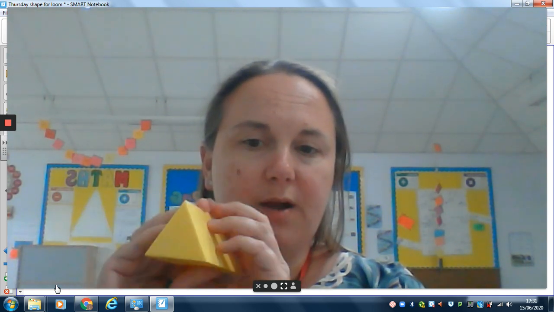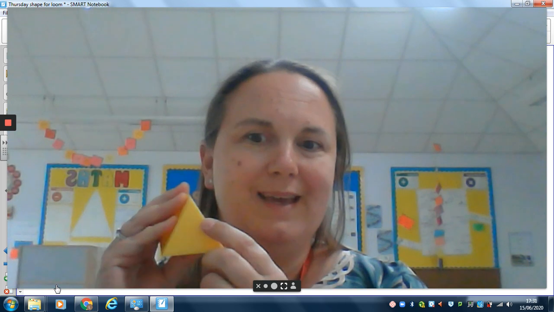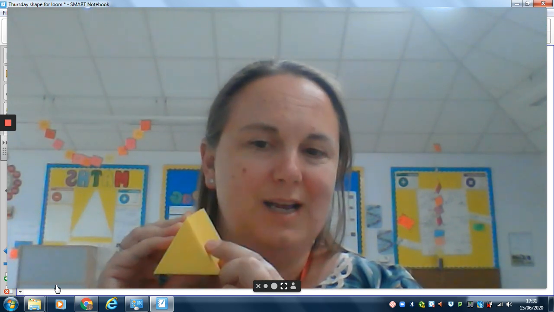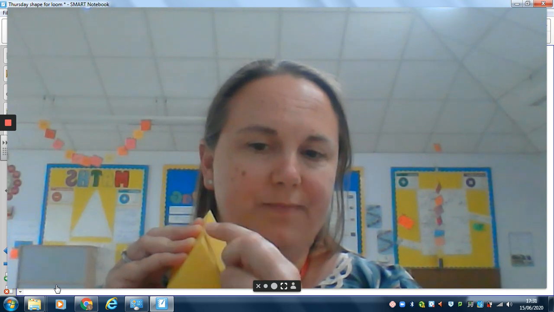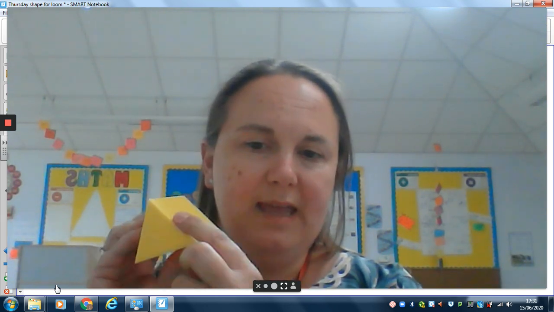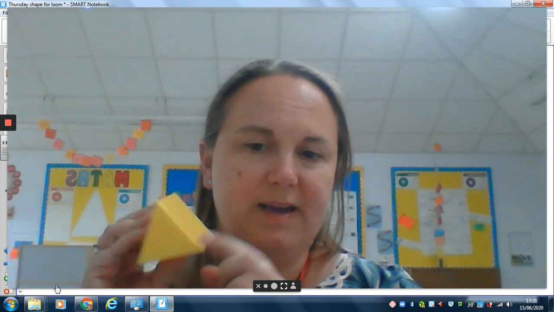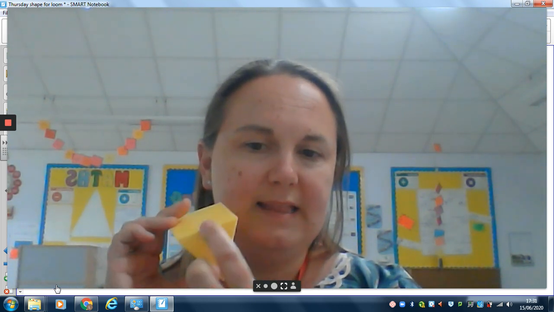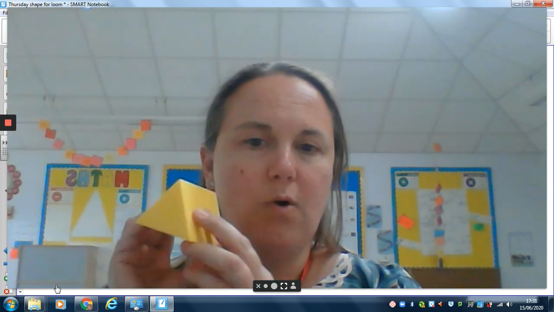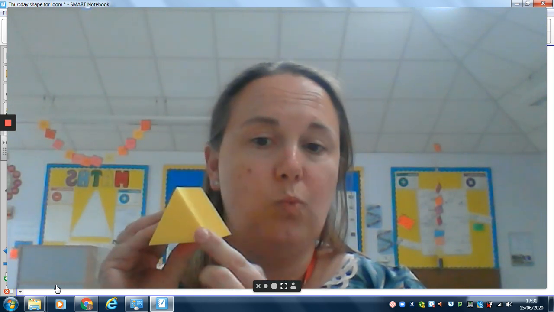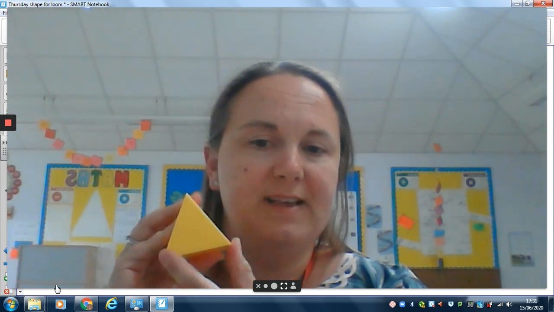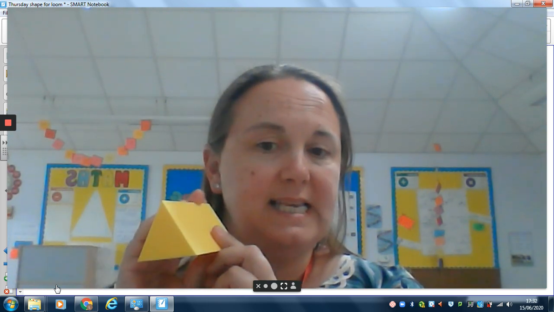If I turn it around, here these 3 edges meet at this vertex, here these 3 edges meet at this vertex, and here these 3 edges meet at this vertex. So our triangular prism has 1, 2, 3, 4, 5, 6 vertices.